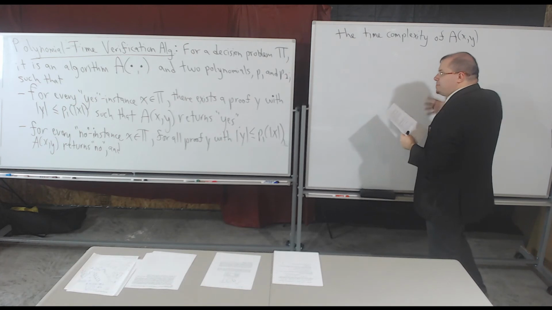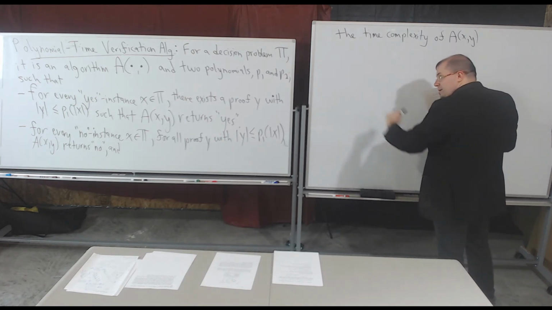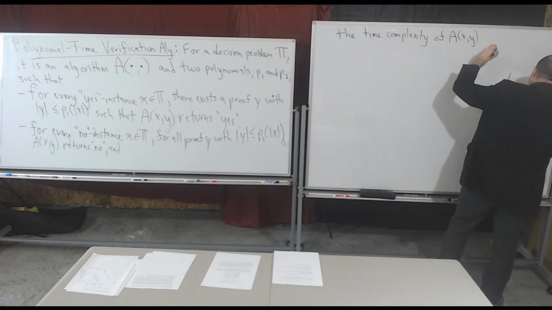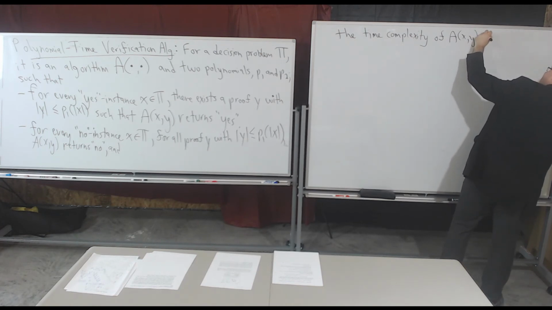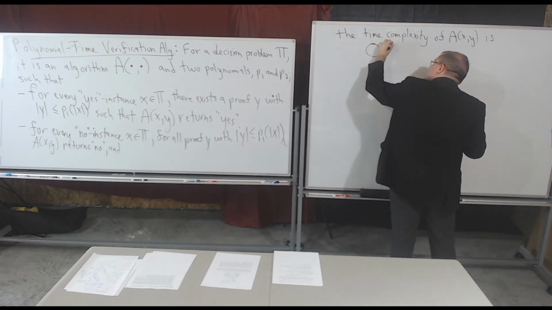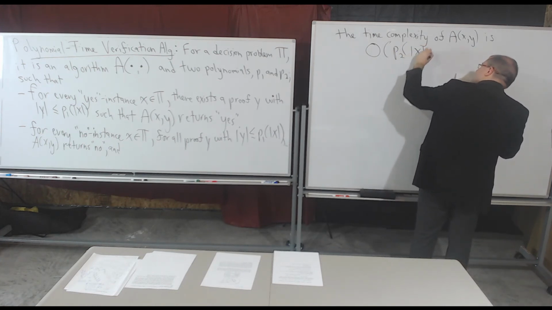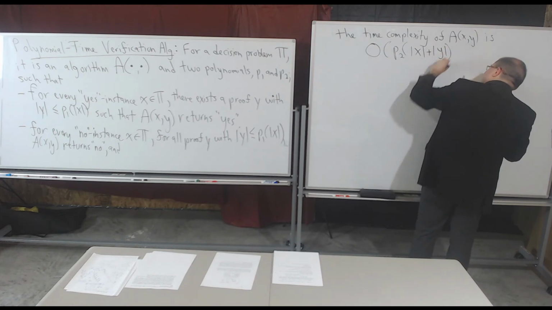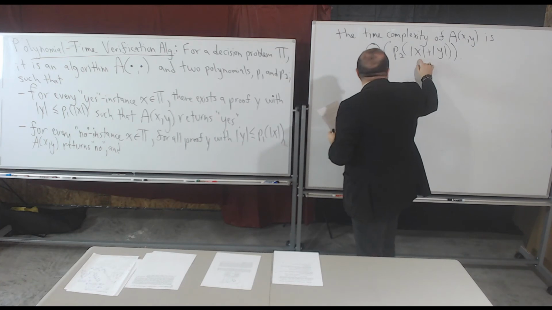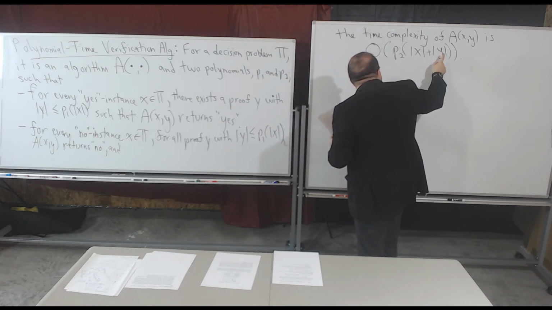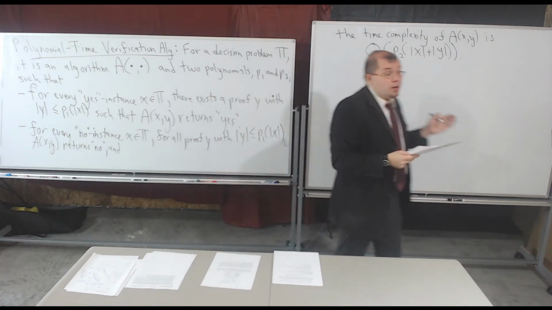I get to determine what the certificate looks like, but the certificate can't be too long, such that the time complexity of A(x, y) is big O of another polynomial, p2 of x, y. So this second polynomial must be a polynomial in the input and the proof. As long as our algorithm runs in polynomial time, we're okay.